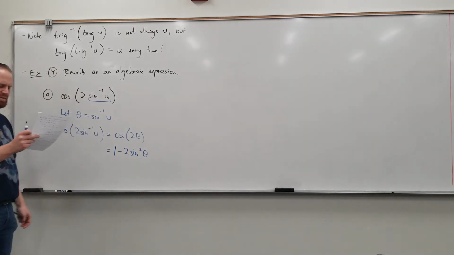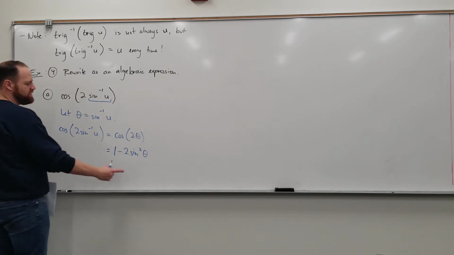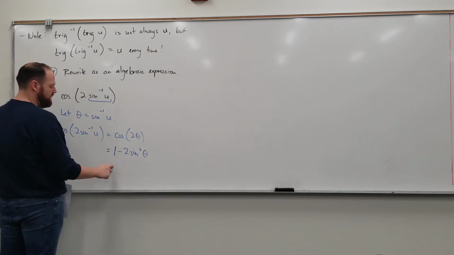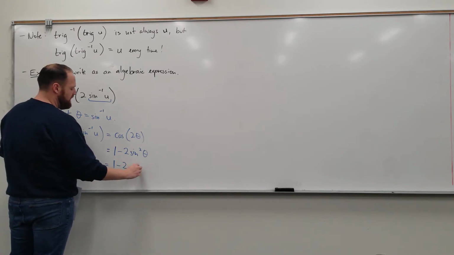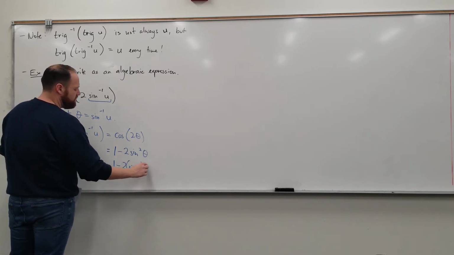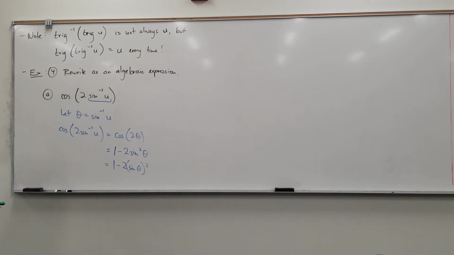Is that right? Yeah, 1 minus 2 sine squared theta. Now the question is, what is sine theta, right? In other words, this is like 1 minus 2 sine theta, squared. But what is sine theta in terms of u?